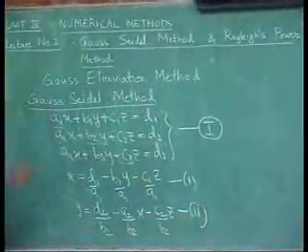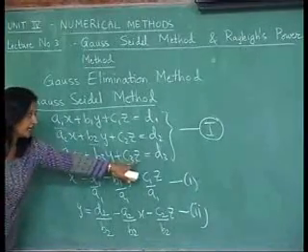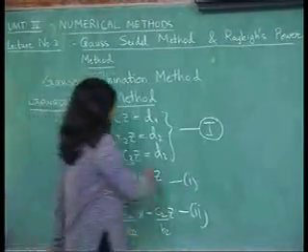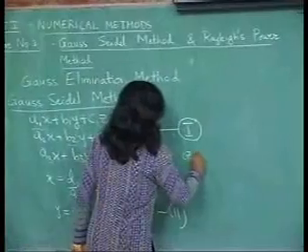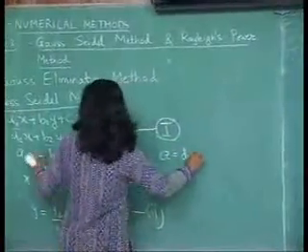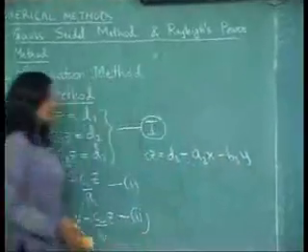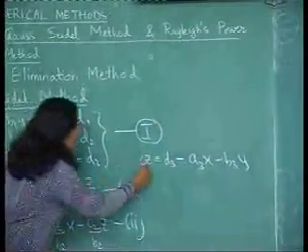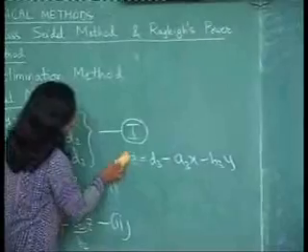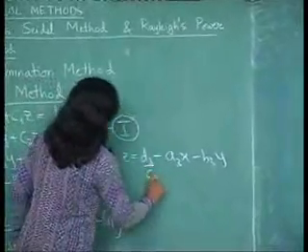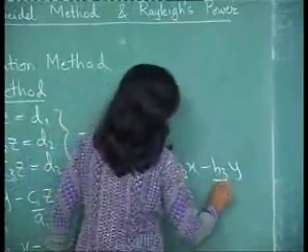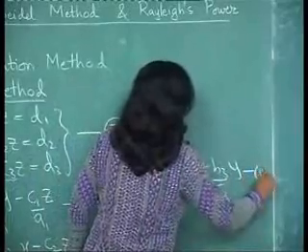And from the third equation, if I keep z on this side and transfer everything else to the other side, I'll get z equal to D3 upon C3 minus A3 upon C3 x minus B3 upon C3 y. This is what I will get, equation 3.